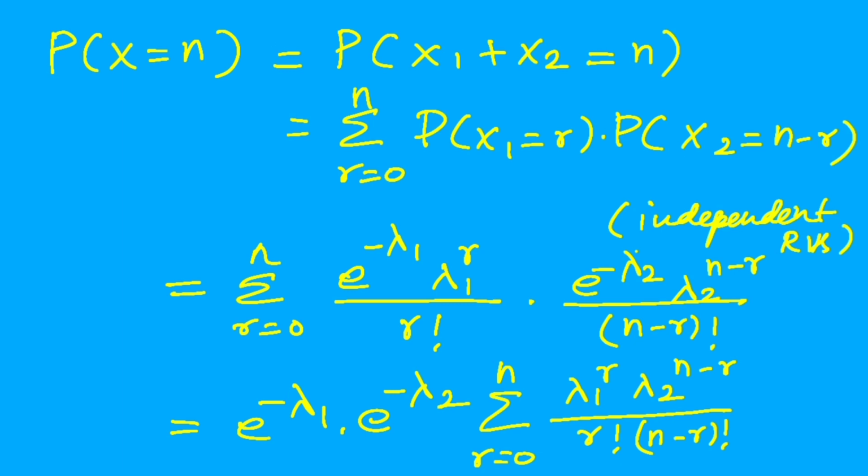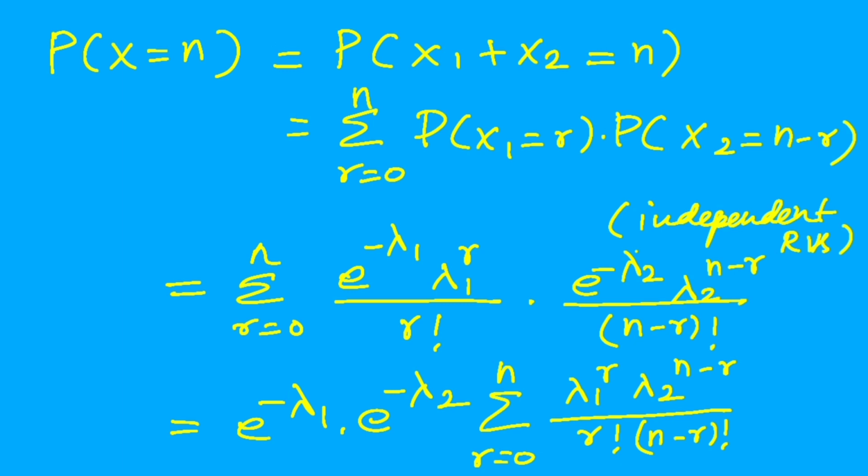In this range 0 to n, that means n plus 1 combinations, we can achieve the value capital X equal to n, as discussed in the previous table. If we simply mug up this step, we can't understand the concept. But if we go through the previous table, it's very simple to elaborately write the summation.